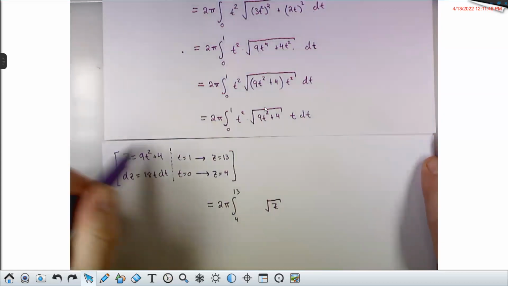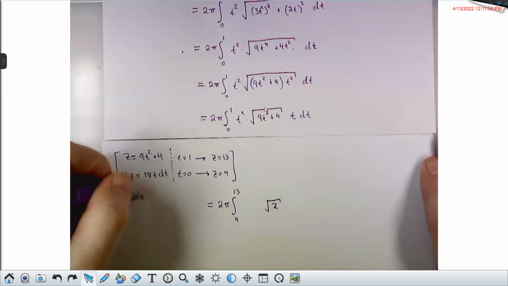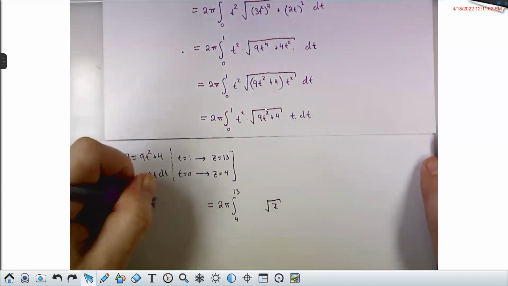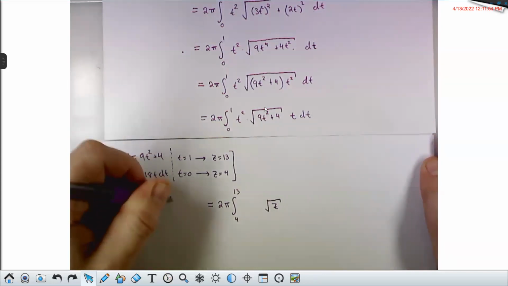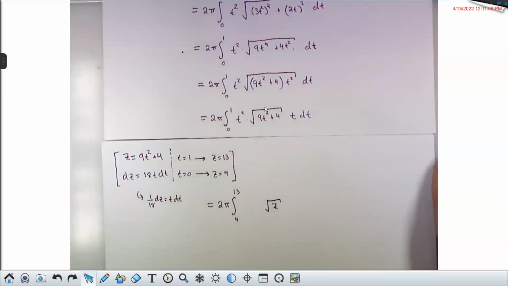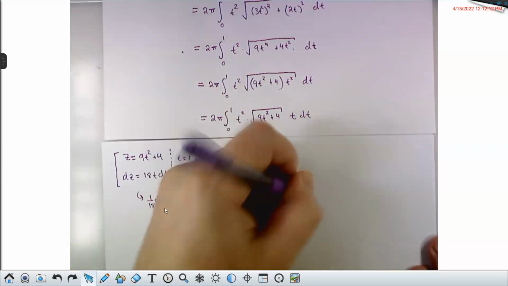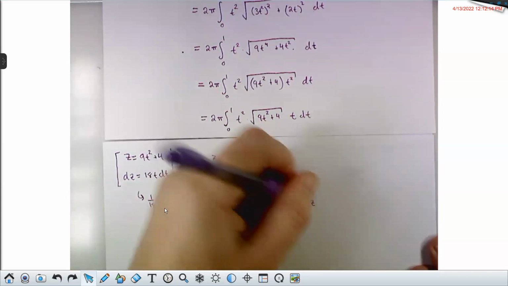Because that's what I'm subbing for. t dt, that's 1/18 dz. All right, just divide this dz equals 18t dt, divide both sides by 18, you get t dt and 1/18 dz as being equal. So the t dt is going to be 1/18 dz.